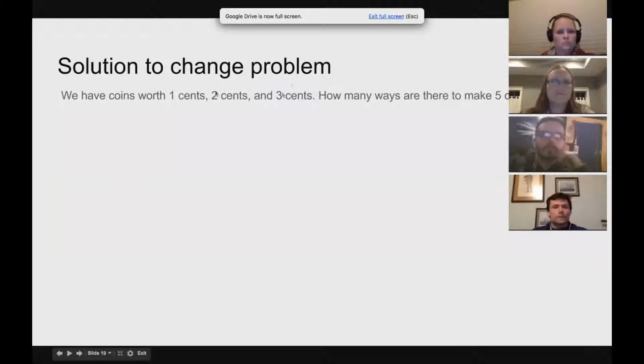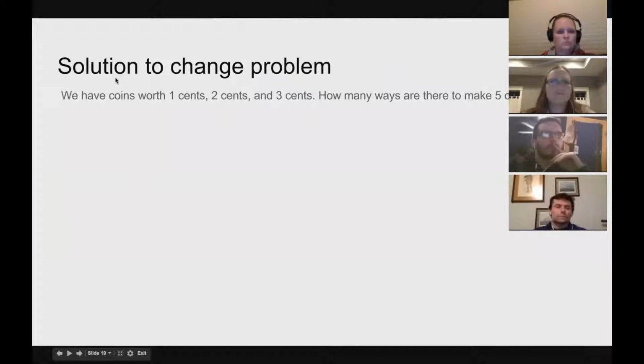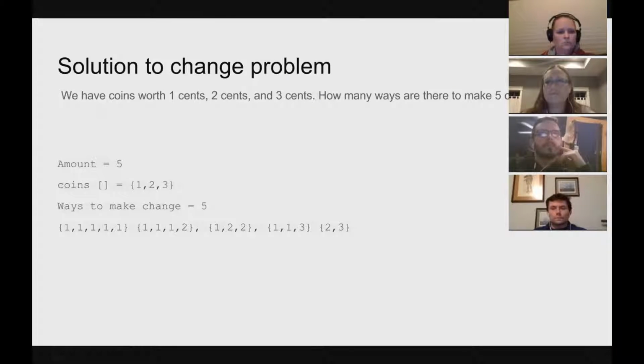Okay, cool. So the change problem is the same idea. If we have coins worth 1 cent, 2 cents, and 3 cents, how many ways are there to make 5 cents? This would be the solution to that case.